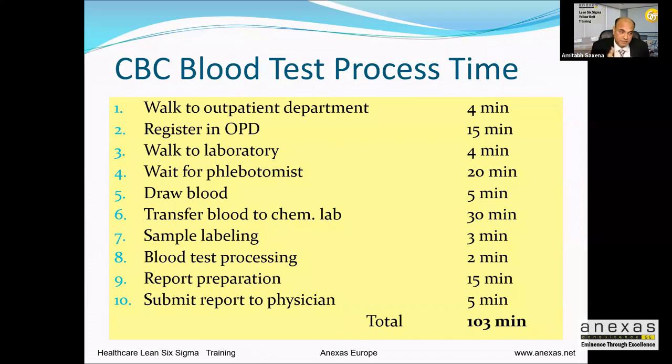Here, the physician who's treating the patient is also one of the customers. So patient or physician, they are looking for what? They're interested in knowing the health status of the patient. That is the value they are looking at.